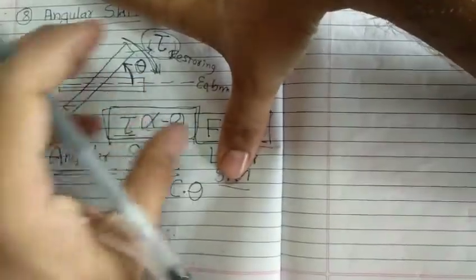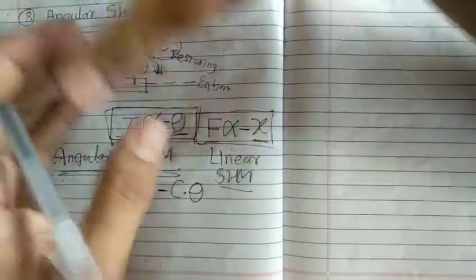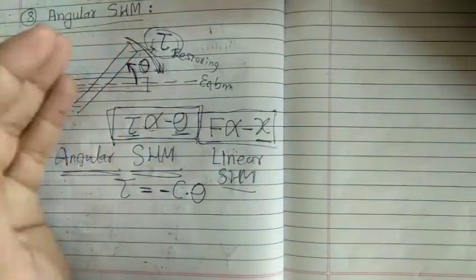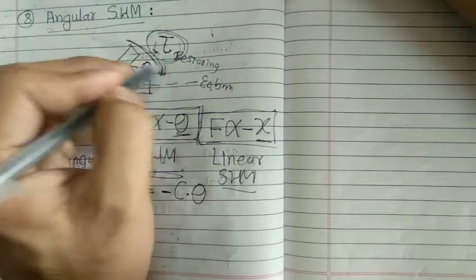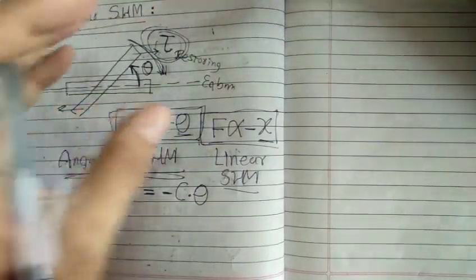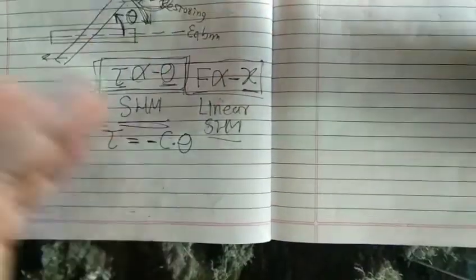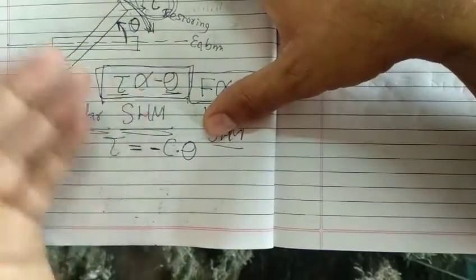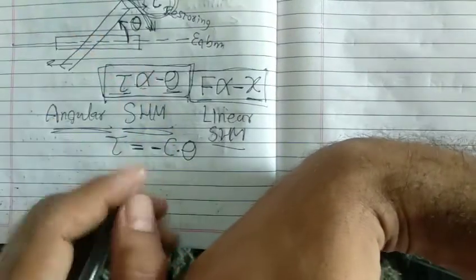C depends on the conditions which are providing the torque. If, for example, torque is provided by a magnetic field, then C will depend on that magnetic field. C can be different in different situations.